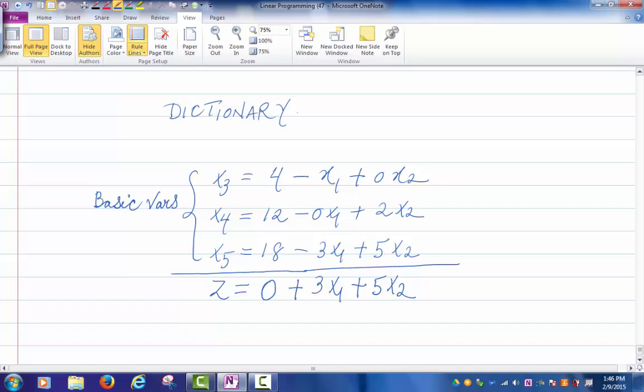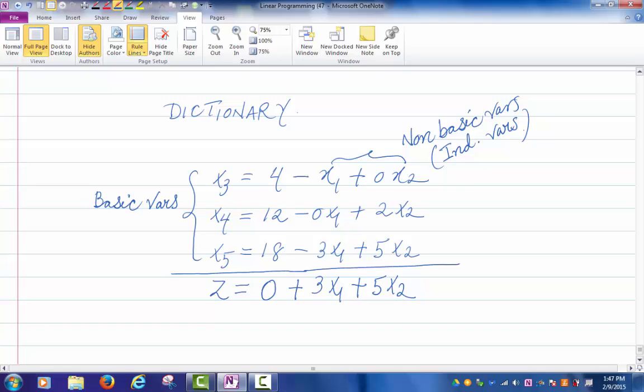The variables on the right-hand side will be called non-basic variables, or sometimes independent variables. Am I making sense? Is everybody okay with that?